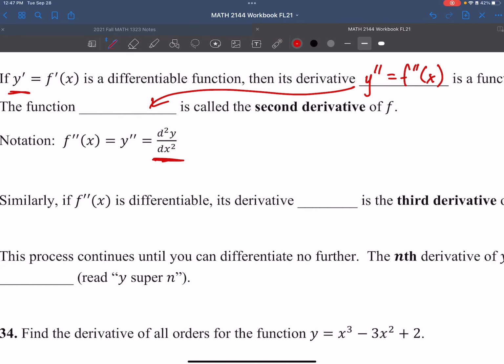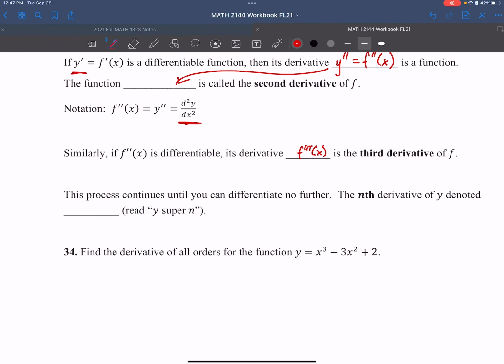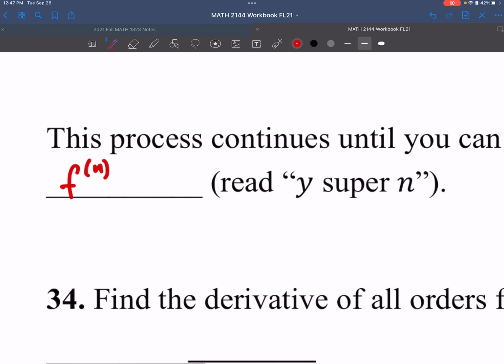And by the way, you could continue this process. If f double prime is differentiable, then its derivative f triple prime of x is the third derivative. This process could continue forever, though at some point it becomes trivial. For higher orders, you would put f and then, in parentheses, n of x.